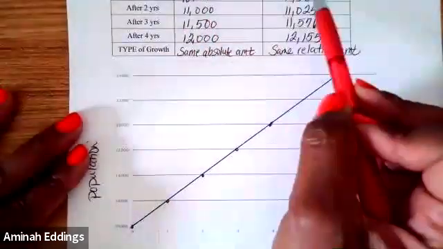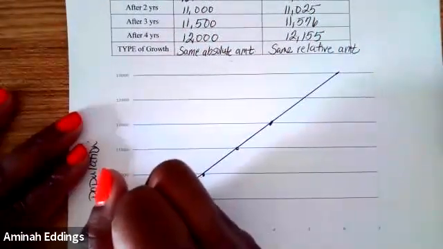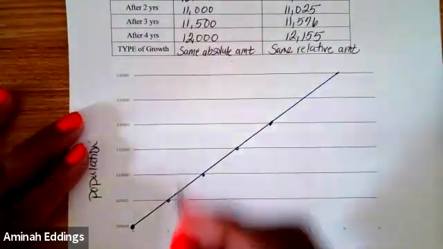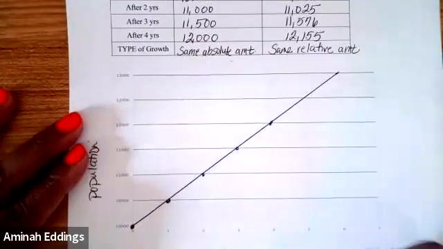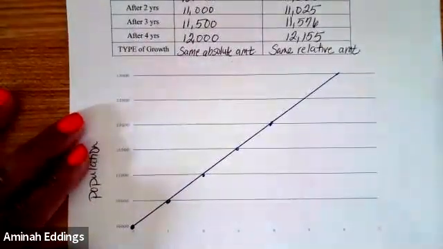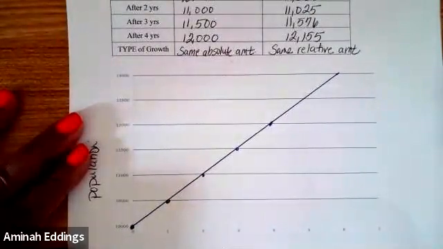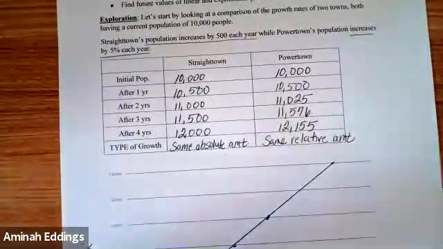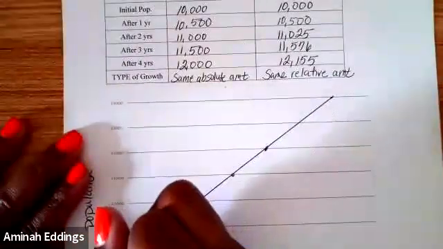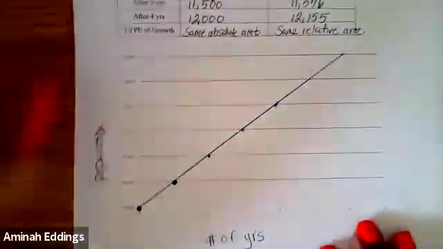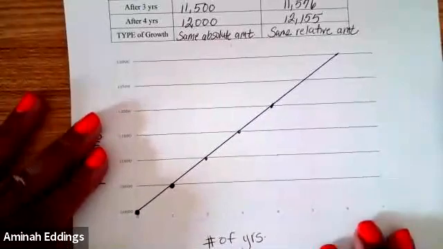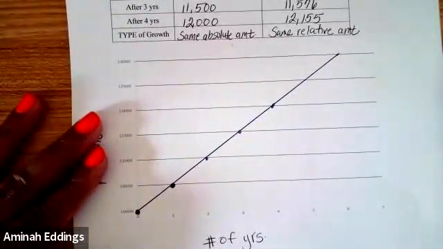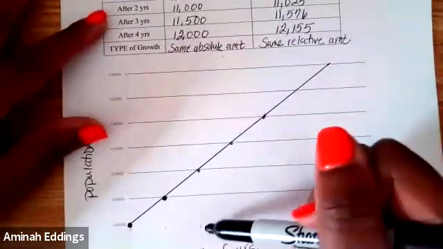So it begins at 0, 10,000 as well. Okay. At 1 year is 10,500. Oh, I thought this was my red pen. Here, here. Okay. And then at 2, we're at 11,025.